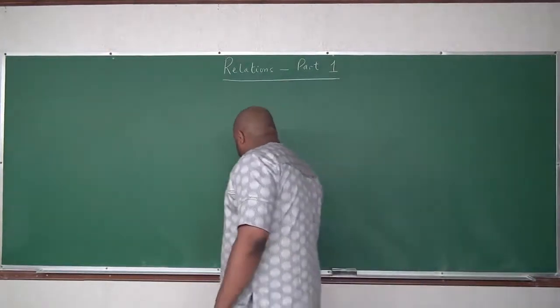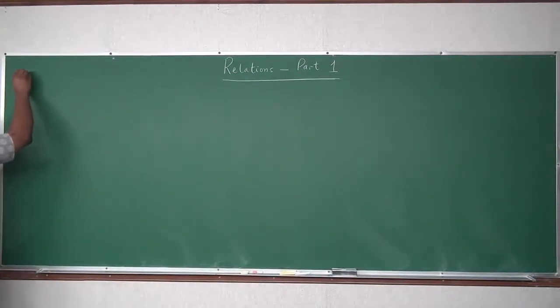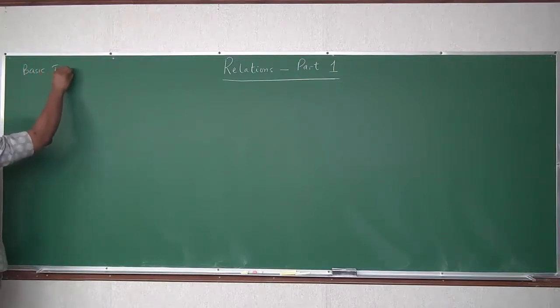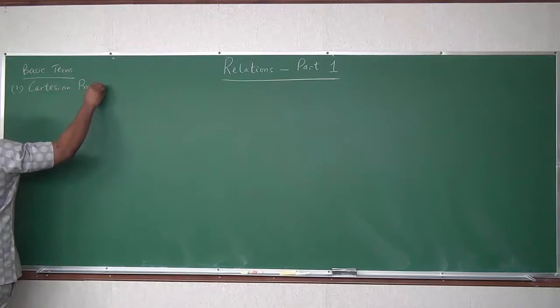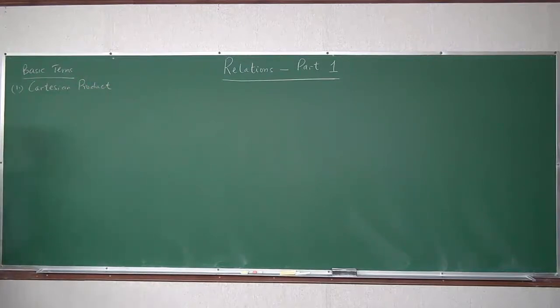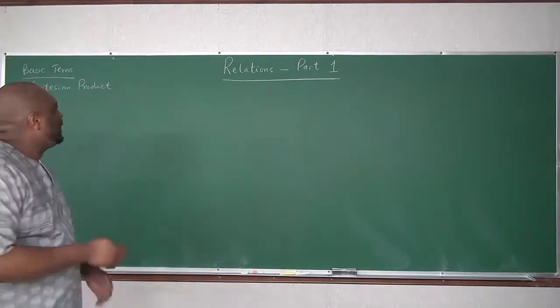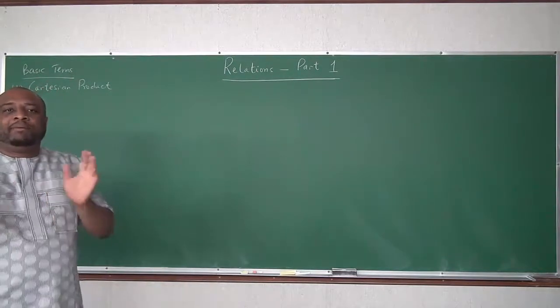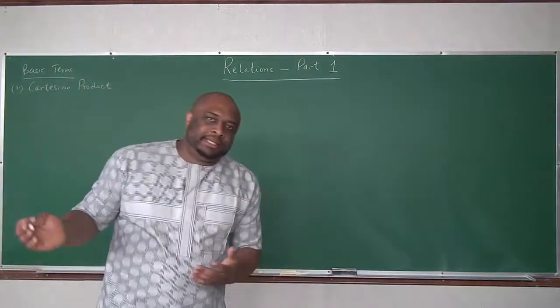In this video we shall talk about, let's look at some basic terms in this video. We shall talk about a Cartesian product. We mentioned this in sets, but we shall just talk about it again here, because we say a relation is a set of ordered pairs.